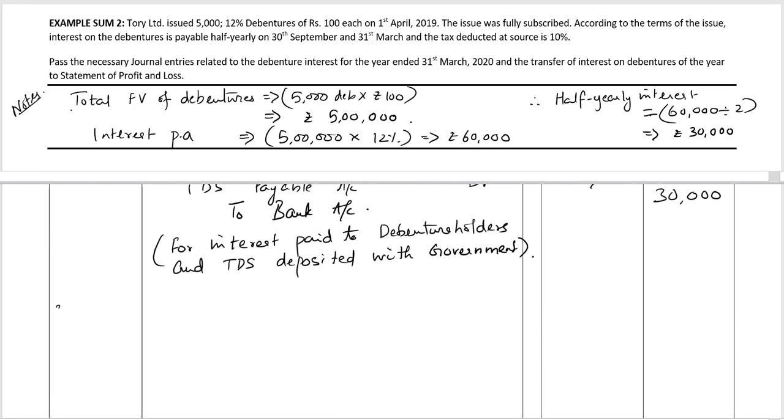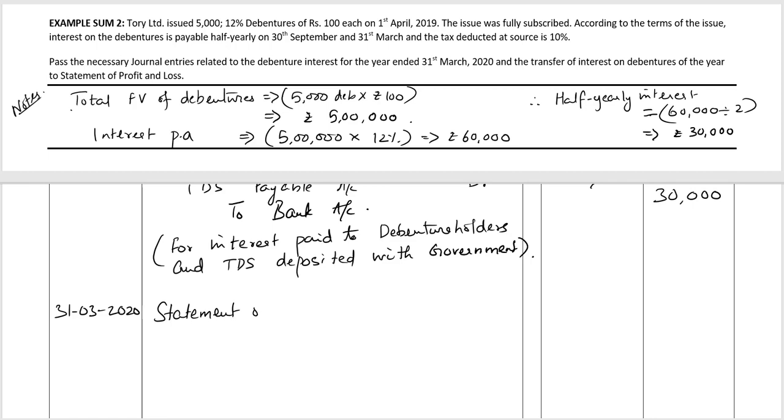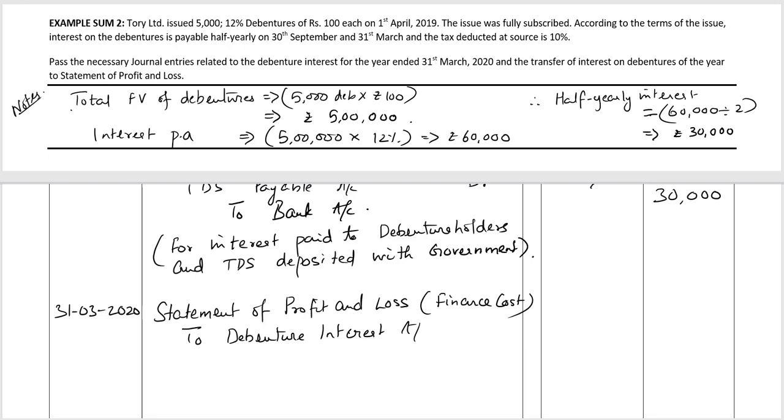The final entry, we need to transfer the entire year's interest to statement of profit and loss. Statement of profit and loss, finance cost, to debenture interest account. The full year's interest 60,000 rupees.